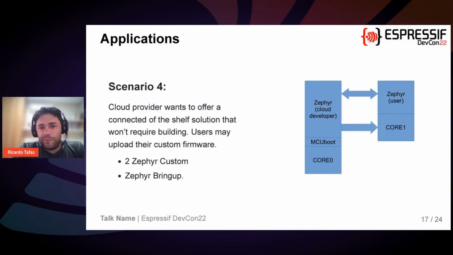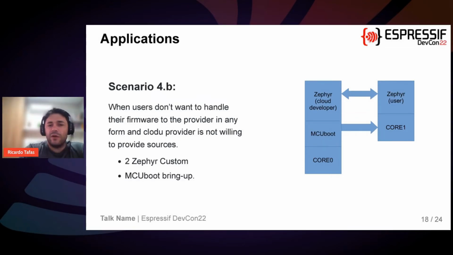This is very useful for solutions that are connected off the shelf. And users may or may not want to hand their firmware to the provider. So eventually they would like to just receive the binaries from the cloud provider and just use the building tools so they can generate the image, and MCU boot starts up both cores.